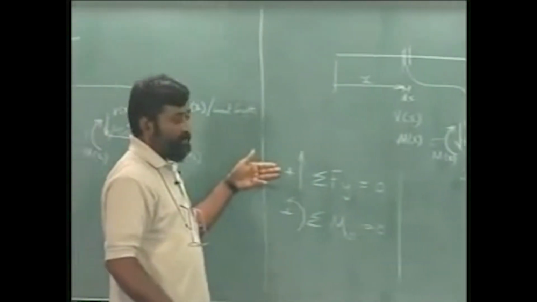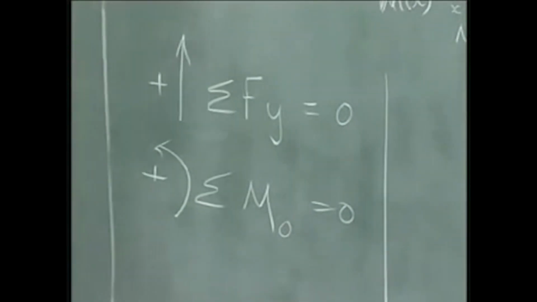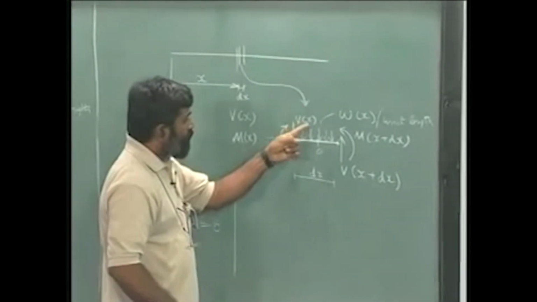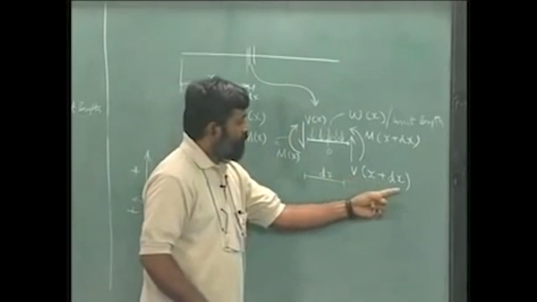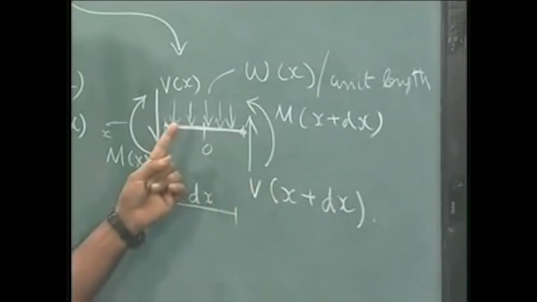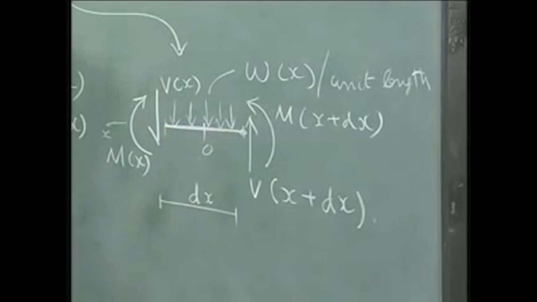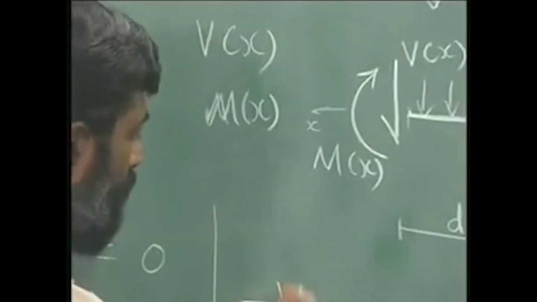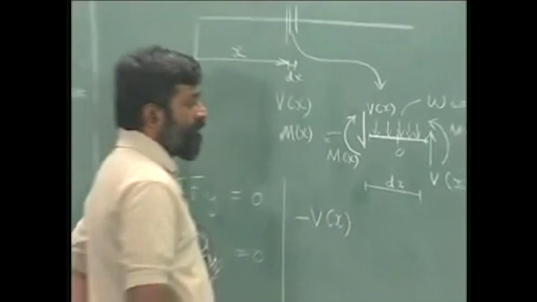Let us first start with sigma Fy equals 0. What all will take part in it? This shear force V at x, this shear force V at x plus dx, and W. Okay. So, let us write one by one. This is negative in direction, so minus V of x.